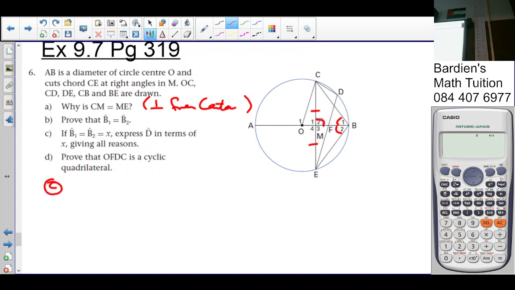If B1 equals B2, which is equal to X, express angle D in terms of X. What will angle D be? 2X. Why is angle D 2X?